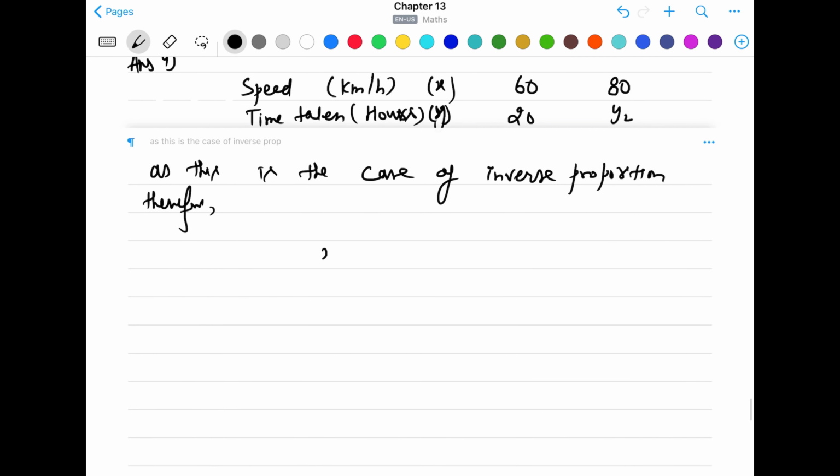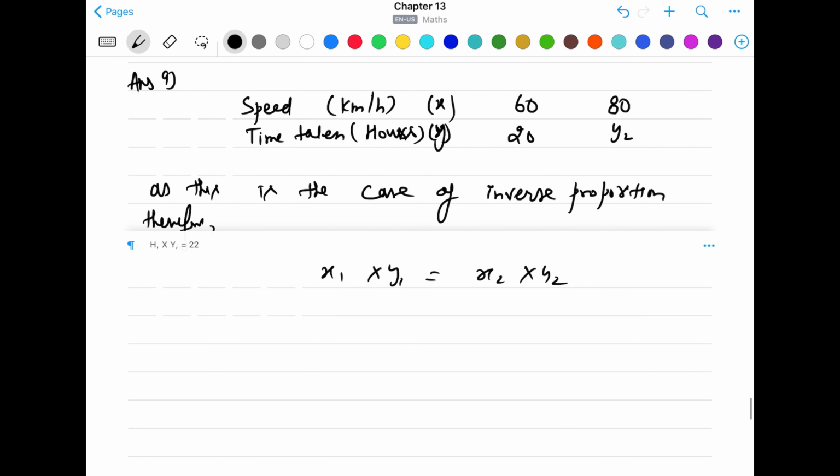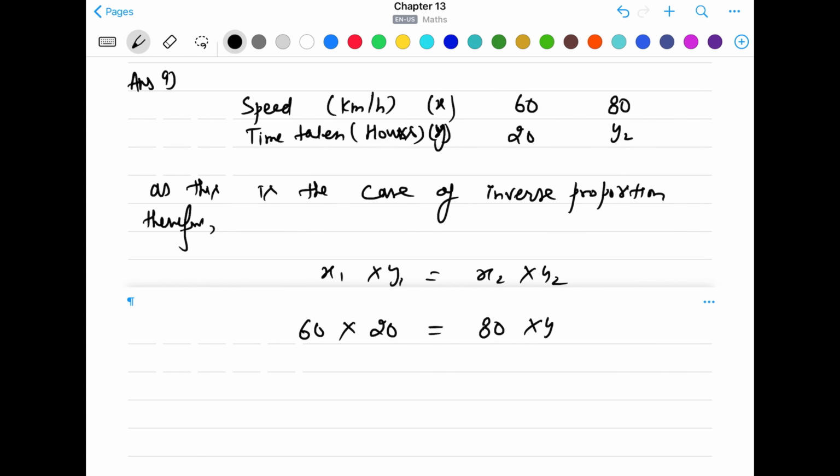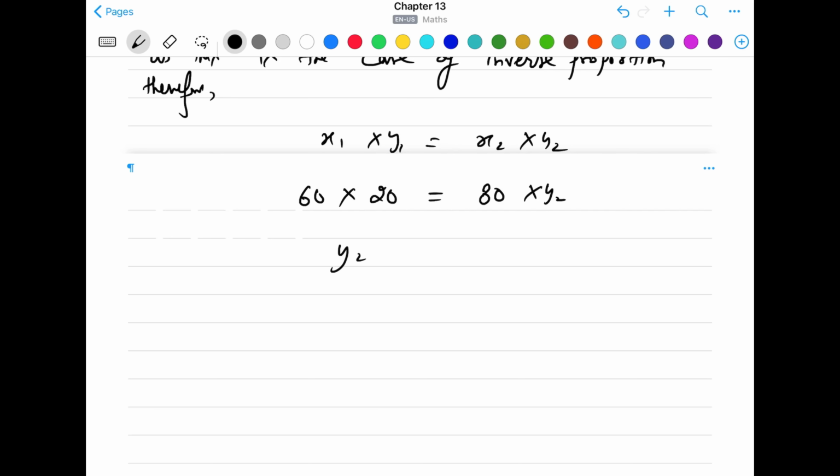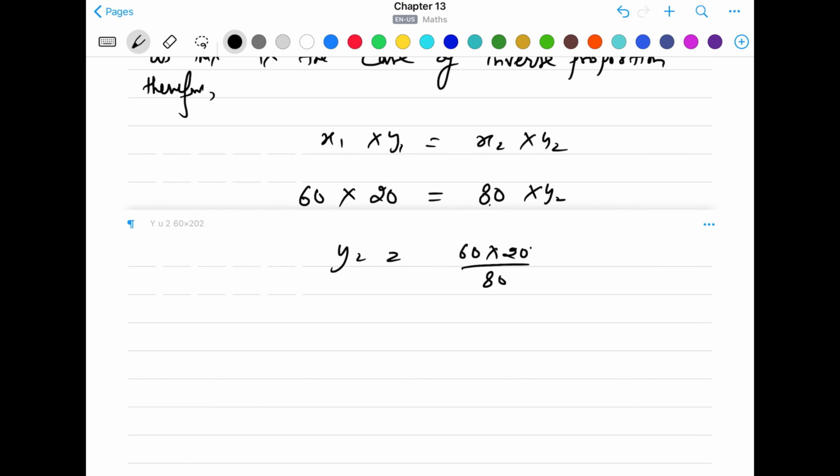Therefore we can use the relation x1 into y1 equals x2 into y2. x1 here is 60, y1 is 20, x2 we have increased from 60 to 80, and y2 we have to calculate. So y2 will be 60 divided by 20 multiplied by 20, and this 80 will come in the division. So 20 dividing 80 will give us 1 and 4. This 60 divided by 4 will give us 15.